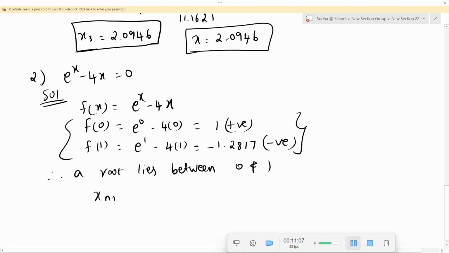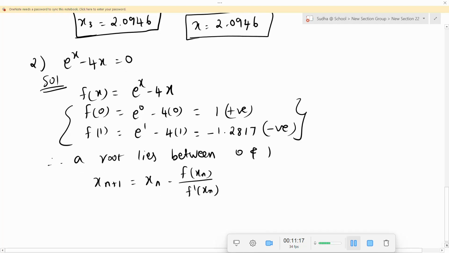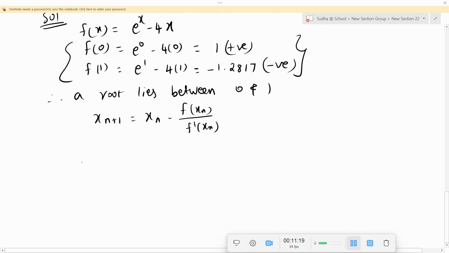So write the Newton-Raphson formula, xn plus 1 equal to xn minus f of xn divided by f dash of xn. If we put n equal to 0, then we'll get the first iteration, x naught minus f of x naught divided by f dash of x naught.